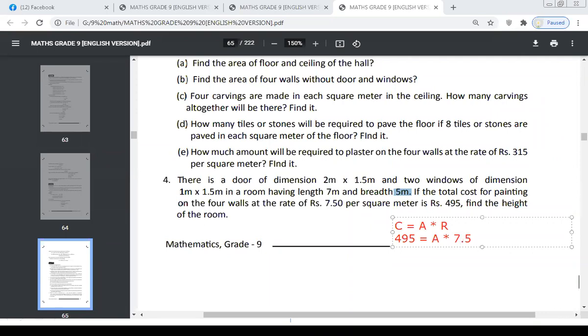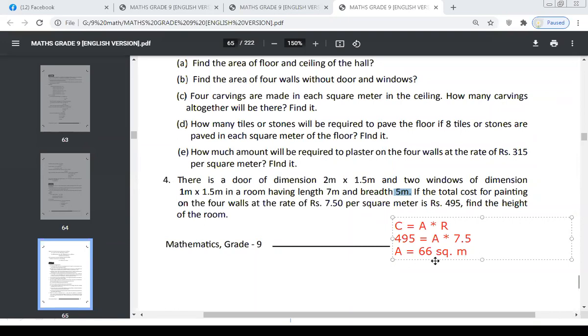So find out the value of area. Divide 495 by 7.5. 66 square meter. Yes, sir. This is the area of 4 walls excluding windows and door.